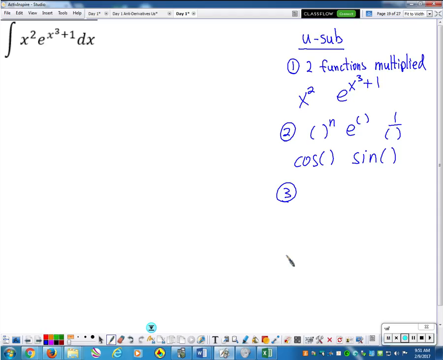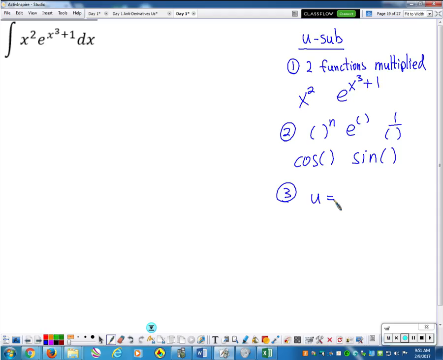Sora, please. Something to the number and then e to the something. Nicely done. So this is definitely something to a number, and the other one is e to the something. So that means my choice of u, I have two choices then. Somebody tell me what are the two possible choices for u.